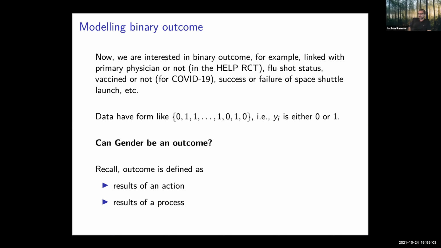And one of the outcomes, for example, gender, can it be an outcome? That's a tricky one. Firstly, an outcome in principle is always defined as a result of an action or a result of a process. Can it still be an outcome? Well, in propensity score matching, we're probably going to go in that direction.